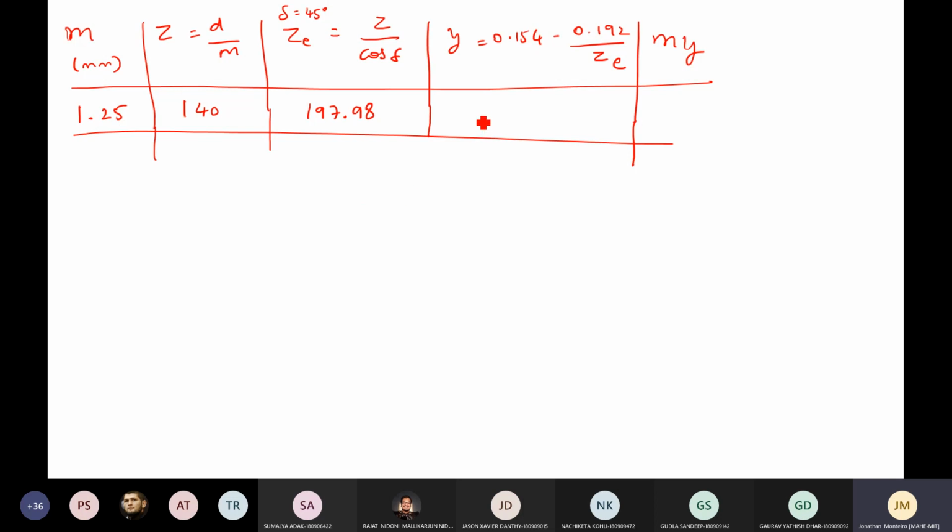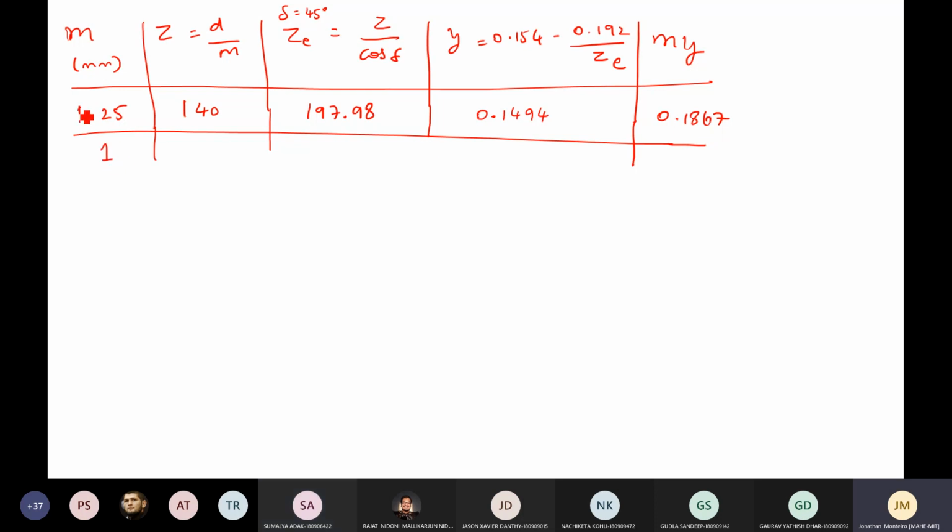Then the y value will be around 0.1494. Can anybody solve for 0.1867? Yes, 0.1867, correct. Obviously this will satisfy, because the required is 0.128, but module 1 is also satisfying.